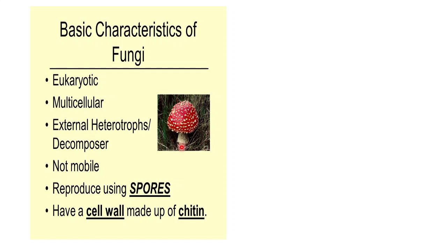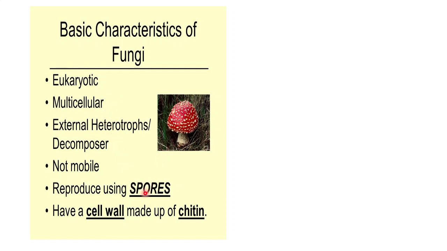Then one more main difference with plants is the cell wall. The cell wall of plants, as we all are familiar, is made up of cellulose, but in this case it is made up of chitin. So these are some of the basic characteristics of fungi.